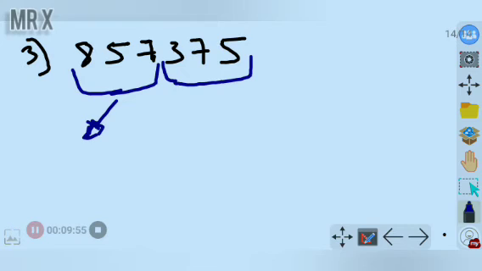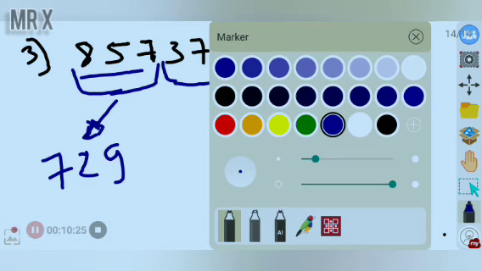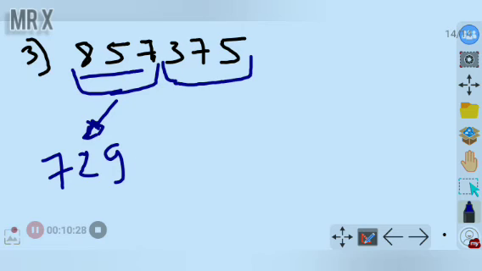Search for the perfect cube smaller than 857. It is the cube of 9, that is 729. This is the perfect cube smaller than 857, and the cube root of 729 is 9. So this becomes the first digit of the cube root.